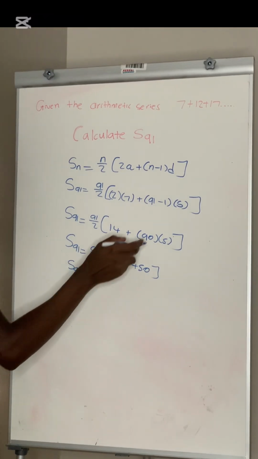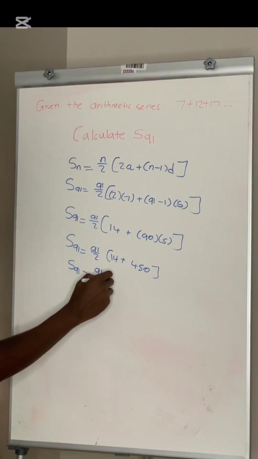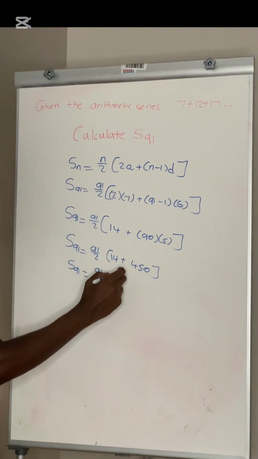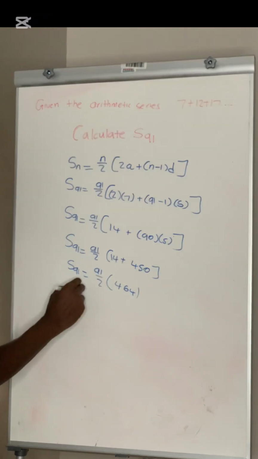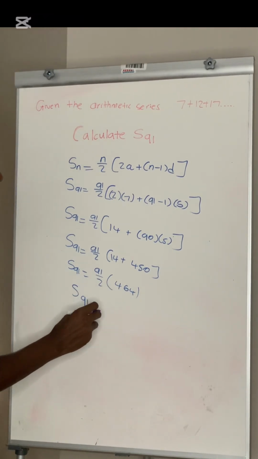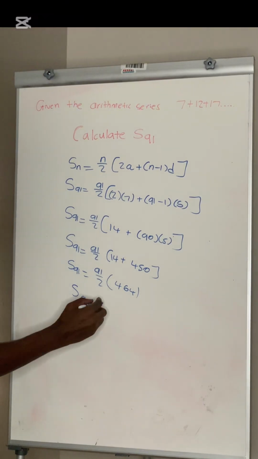You can skip all of these steps using the calculator: 91 over 2 into 14 plus 450, that is 464. And then S91, using your calculator to make things quicker, you can say 91 over 2 times 464, 21,112.